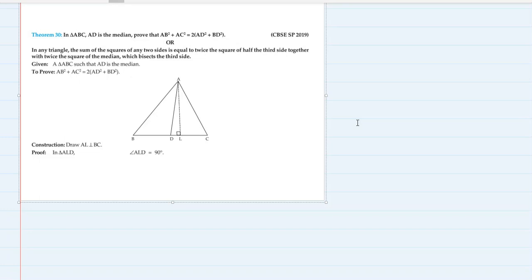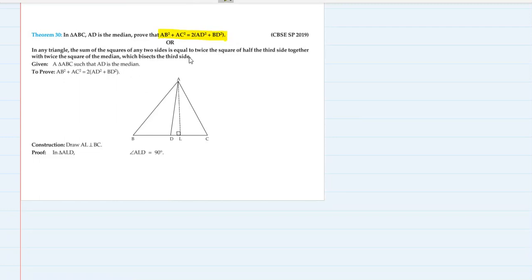Wow, very nice question. In any triangle, the sum of the squares of any two sides is equal to twice the square of half the third side together with twice the square of the median, which bisects the third side. Do not even remember this statement, but yes, this can be asked as a mathematical statement like this.